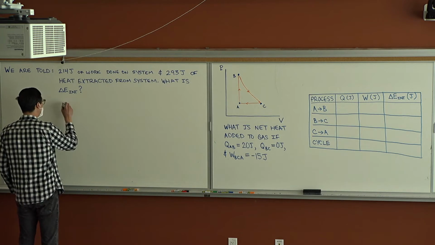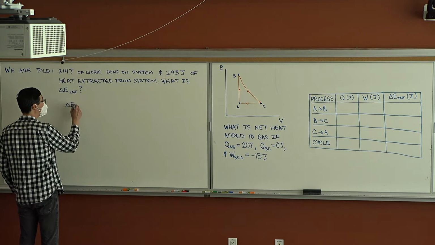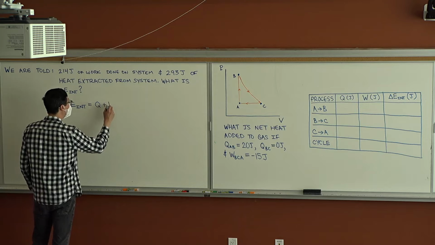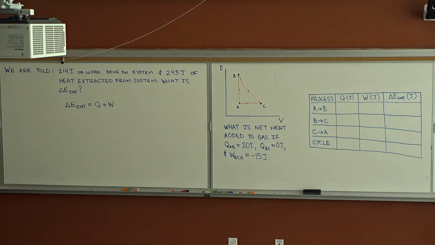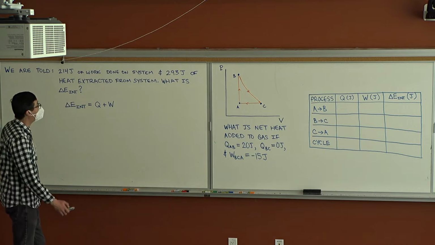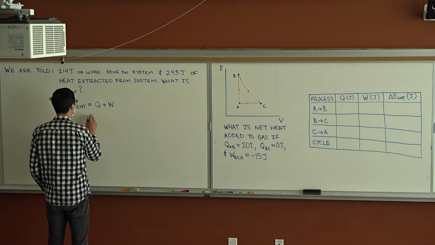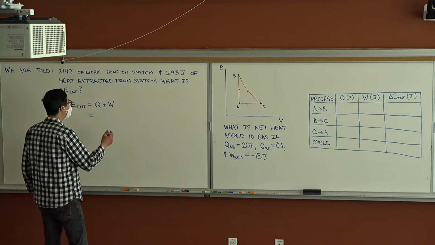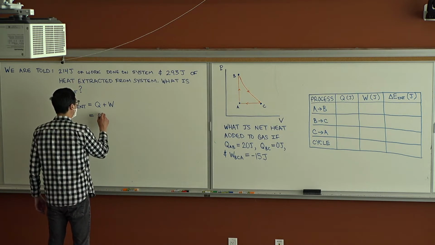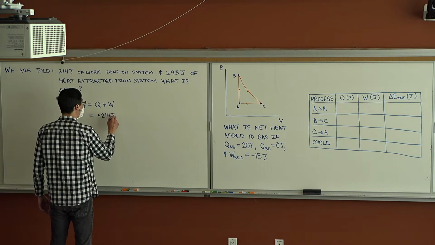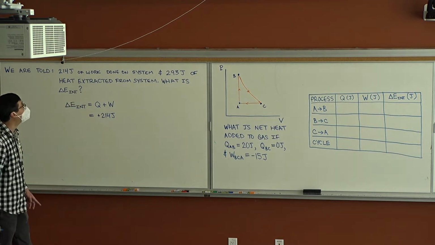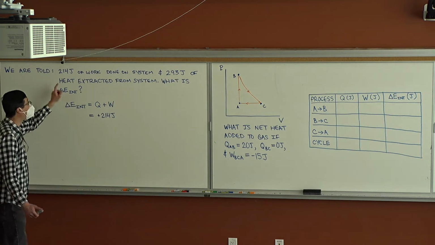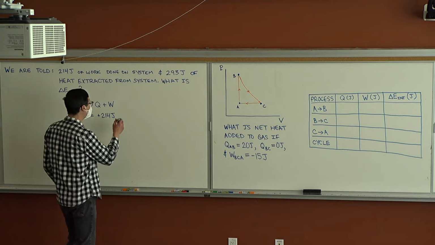So again, we can start from delta E internal is Q plus W. We're doing 214 joules of work on the system, so plus 214 joules. And then we are extracting 293 joules from the system, and so that's negative.